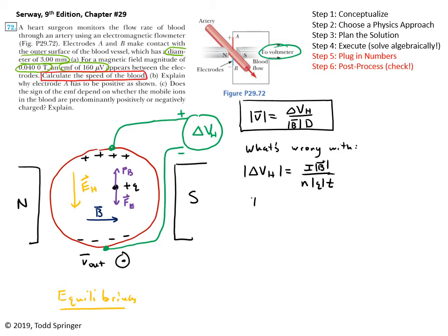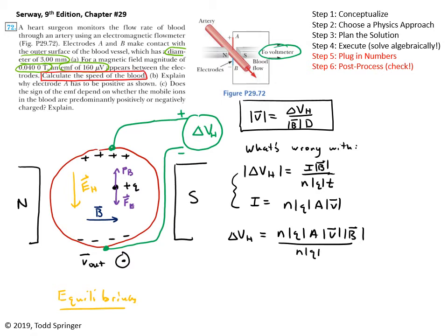And then I is equal to N Q A V. If I combine these two, I get delta VH is equal to N Q A V times B over N Q times the thickness, which in this case is going to be the diameter of this cylinder, or this circle.